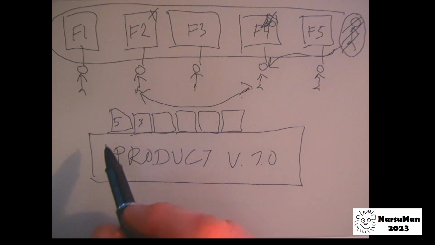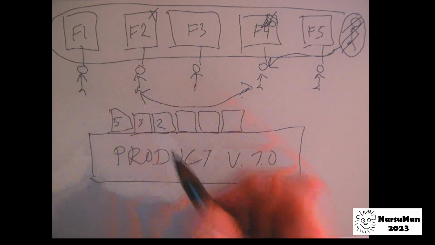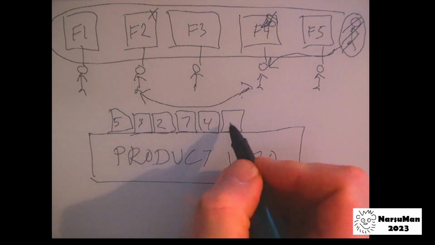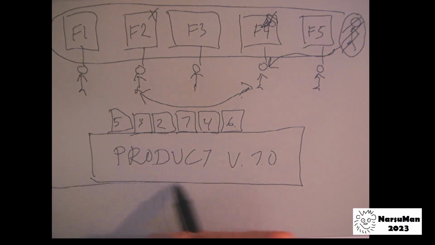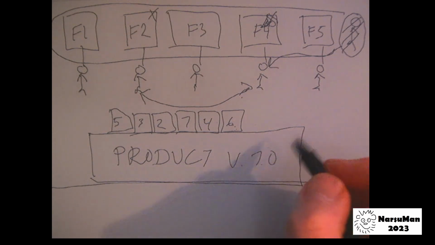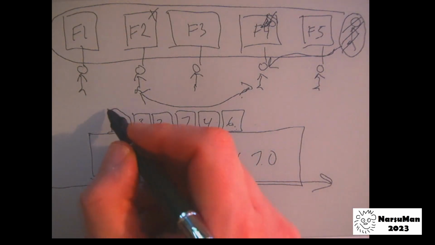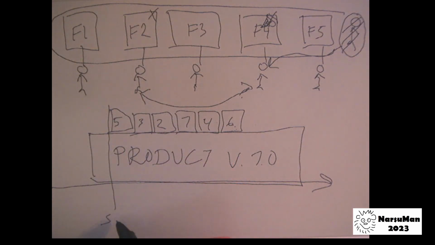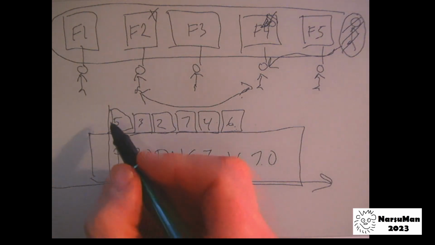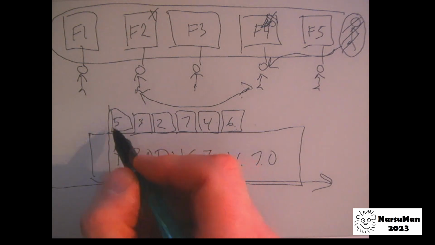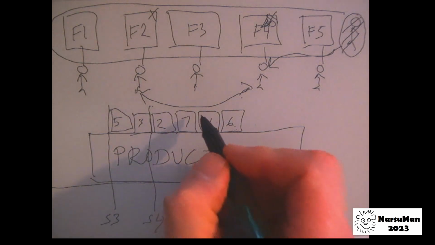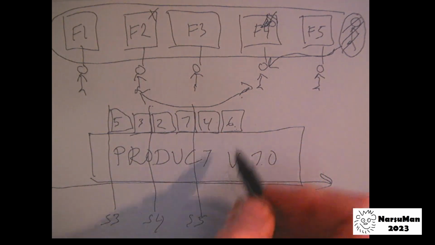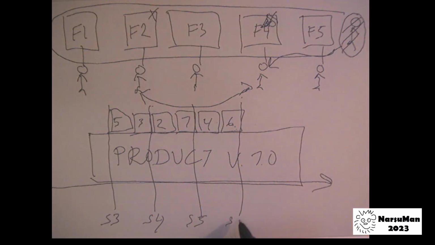When we start to work together, then we deliver feature 2, feature 1, feature 4, and possibly feature 6, whatever. But this is the order in a timeline, so our product is going to be released someday. Our first sprint here is sprint 3, and we start to deliver the first features there, and then we focus on sprint 4, sprint 5, and the rest are sprint 6.